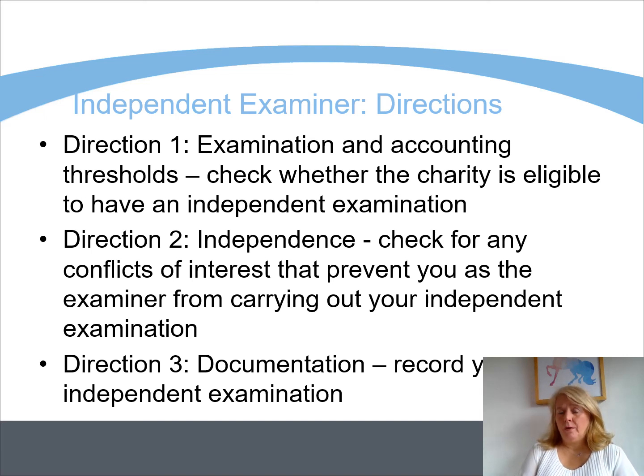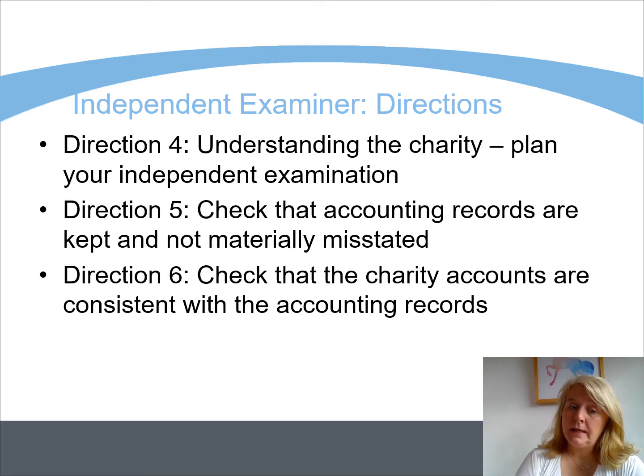Essentially what they're about is checking that they're independent of you, that they can actually act as your independent examiner. Checking that you're eligible for an independent examination. Making sure that they record and document their findings. Making sure that they understand your charity and what you're about.